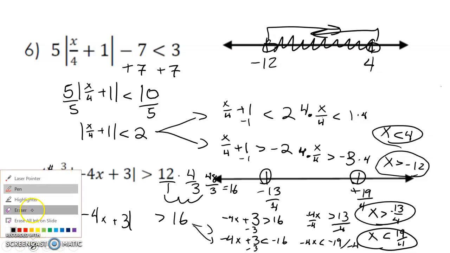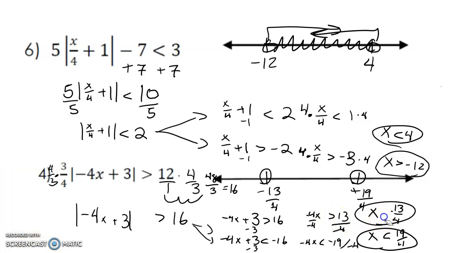Because you're dividing by the negative 4 on both sides, you actually have to flip your sign. So this side's going to become this, and this side's going to go to this side right here. And then if we do that, you got x is less than negative 13 over 4, so you're going to shade this way. And then x is greater than 19 over 4, so you're going to shade it this way. Okay?